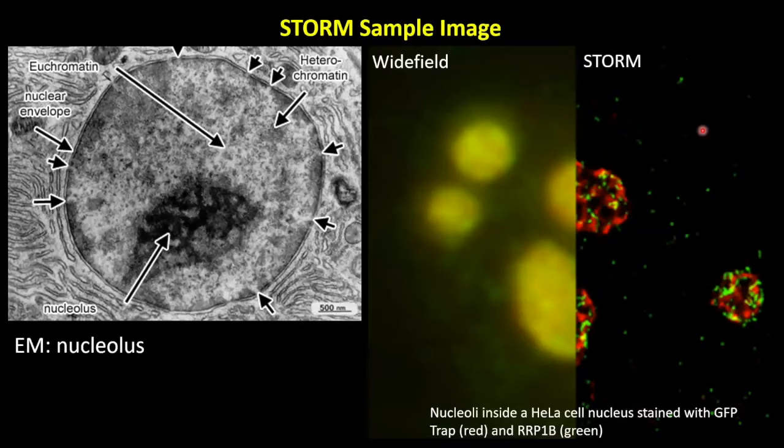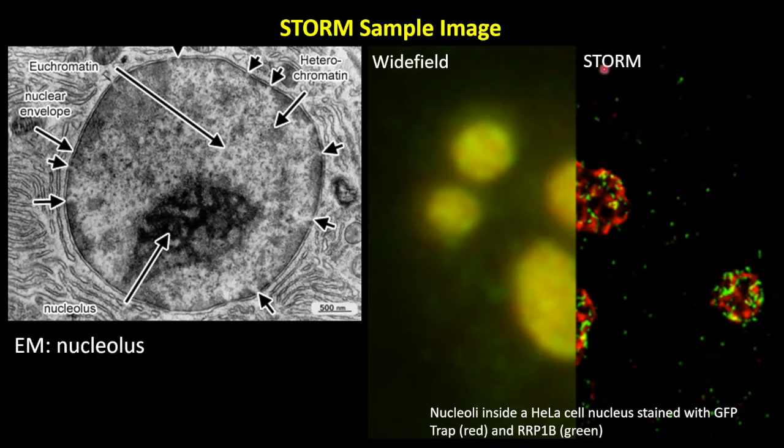Let me give you one example of a STORM image. Here on the left-hand side is the cell nucleus, and there you can also see the nucleolus, which is a very dense protein structure inside the cell nucleus. On the right-hand side, you can see the widefield image. Usually when people do colocalization image analysis with two different labels, red and green, and they see yellow, they say colocalization.